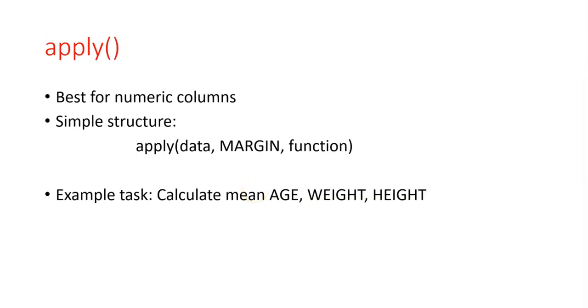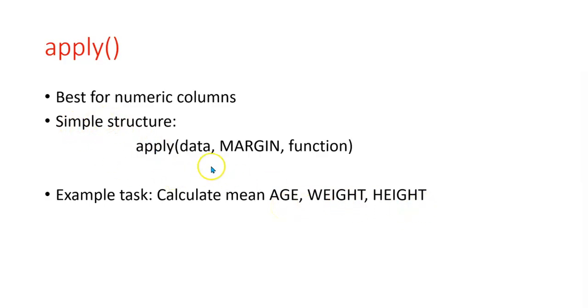First comes apply. It is best for numeric columns. For any numeric column in your dataset, such as age, weight, or height, you can easily apply this function to calculate mean, median, minimum, or maximum.